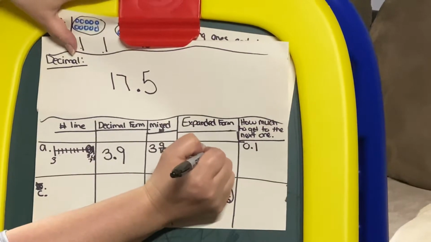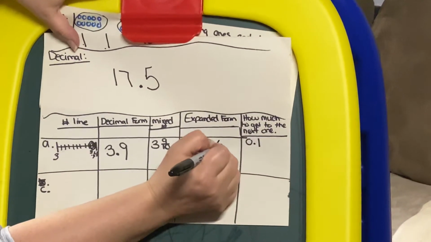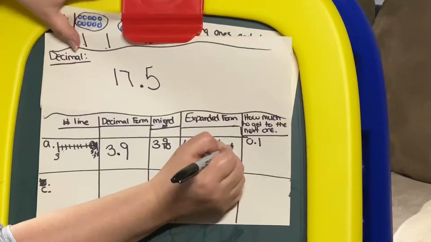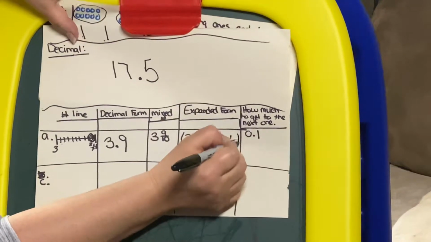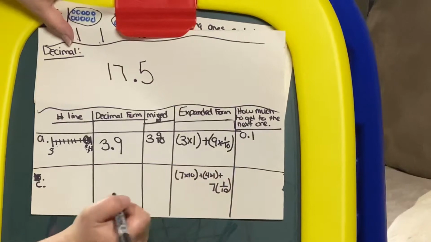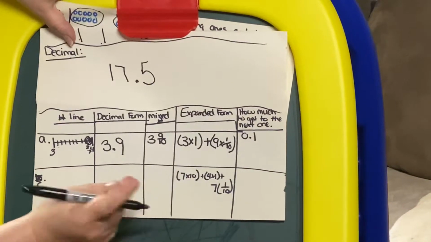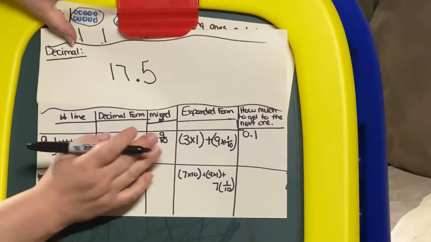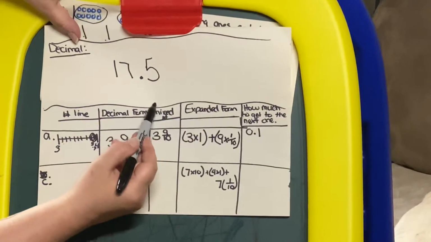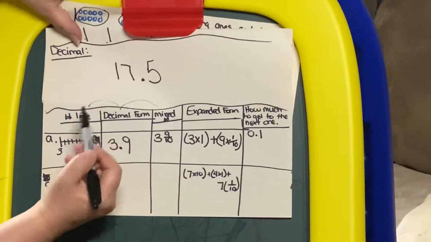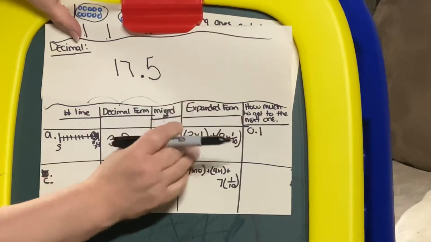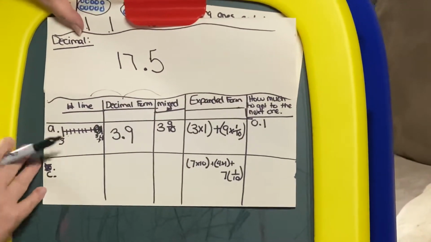And I'm going to add 9 times 1 over 10, because I know 9 times 1 would get me 9/10. This is a little bit confusing. Focus mainly on your mixed numbers to decimals and your number line. Expanded form can get a little tricky, and that's okay.